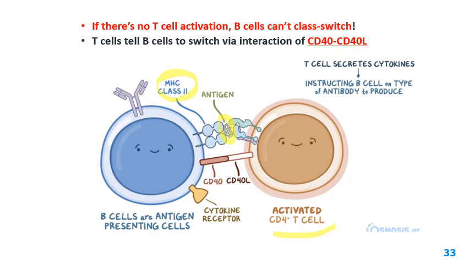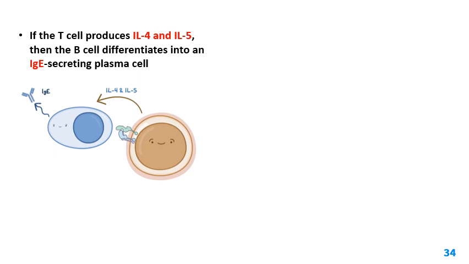And this part here is really, really important: CD40 receptor on your B cell gets together with CD40 ligand on your T cell. And that is what is going to send the signal to do the class switch of the antibody. So class switch to what?